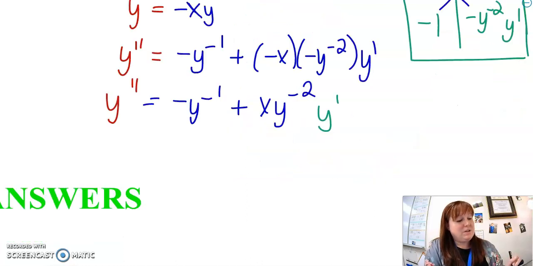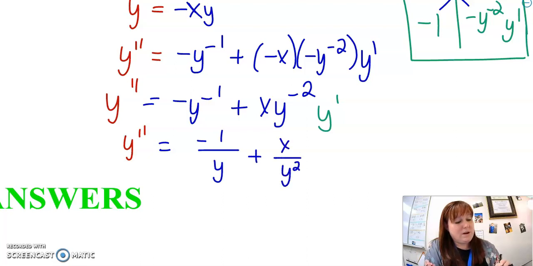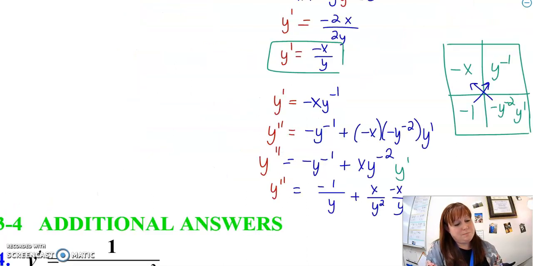Up here we told ourselves y prime was negative x divided by y. So I can come back down here and say y double prime equals, and I'm going to just do negative 1 over y, so it looks a little neater, and then x over y squared, and then y prime was negative x over y, correct?